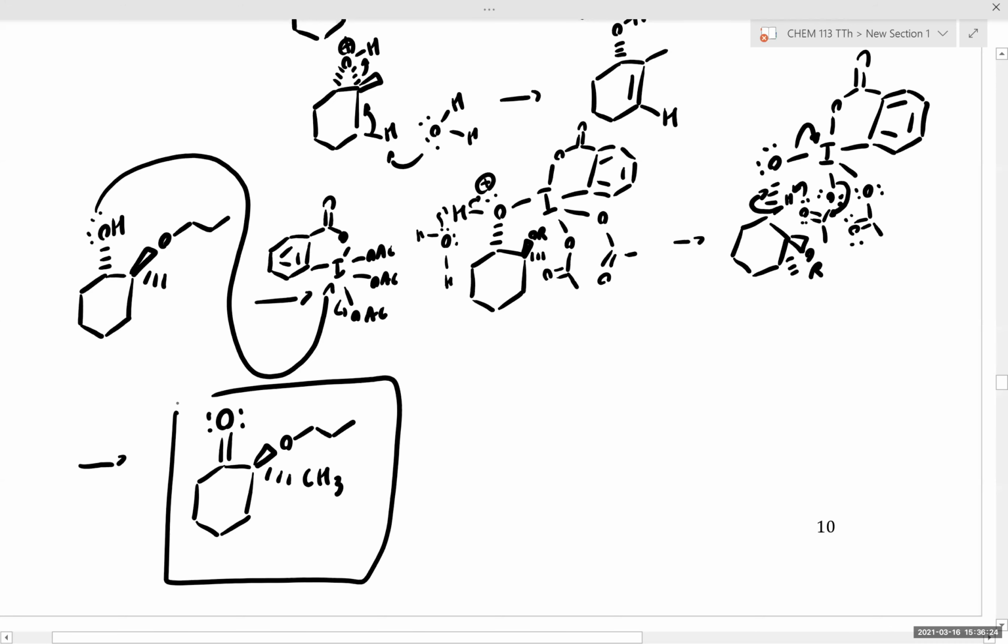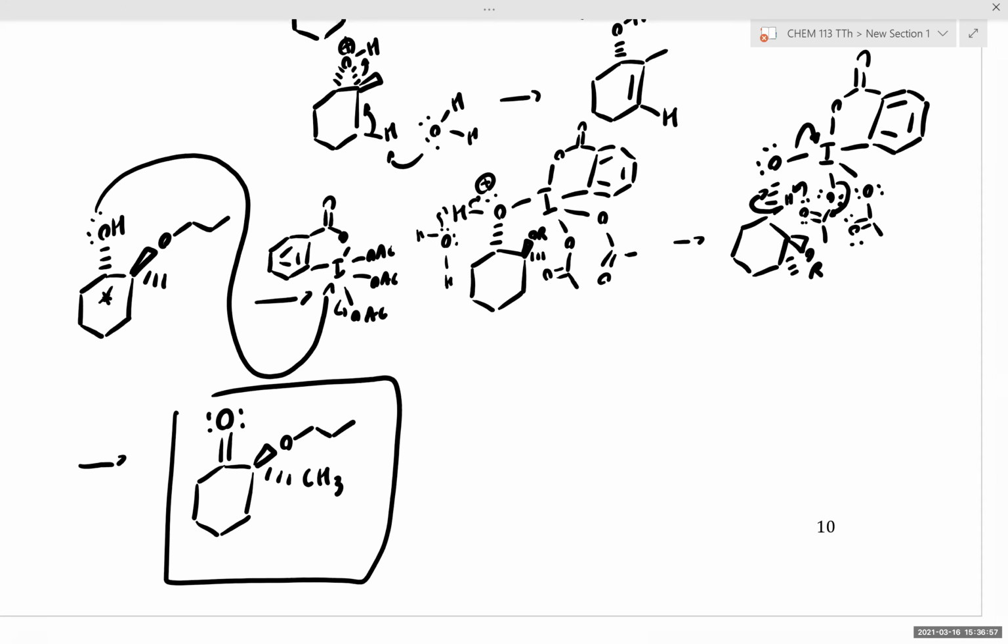Does this make sense? Yep, we get a single product because the oxidation, we're only reacting at our alcohol position. So the other stereocenters don't get modified in any way.